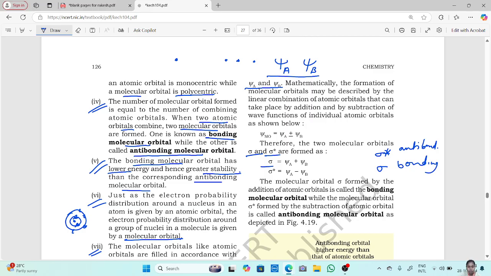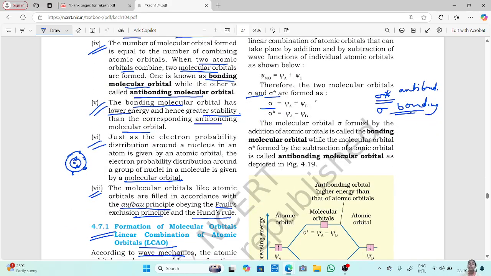Now, for sigma, you have to add both the psi functions. That means for bonding molecular orbitals, you have to add both the wave functions, and for anti-bonding molecular orbitals, you have to subtract both the wave functions. Now, the molecular orbital sigma is formed by the addition of atomic orbitals and is called bonding molecular orbital, as I already explained to you.